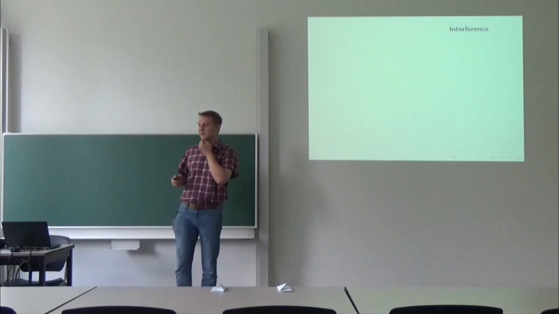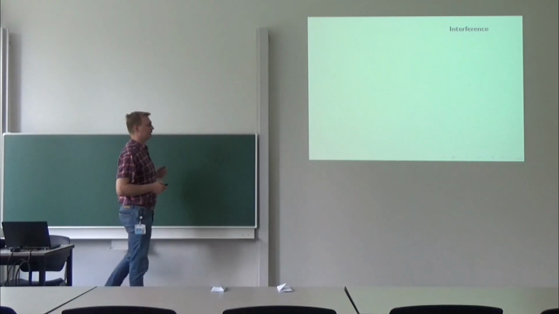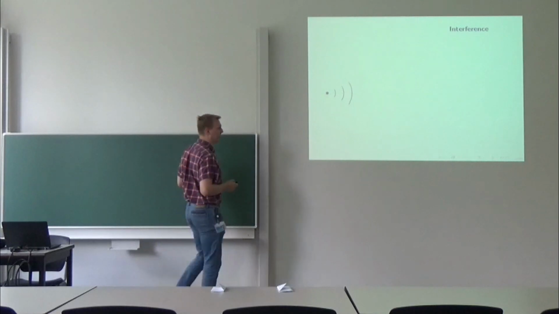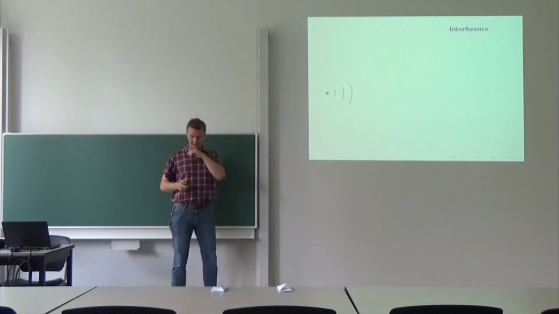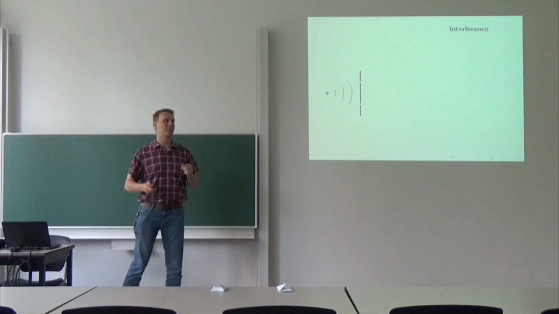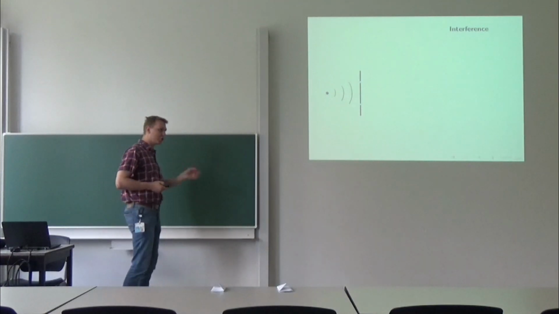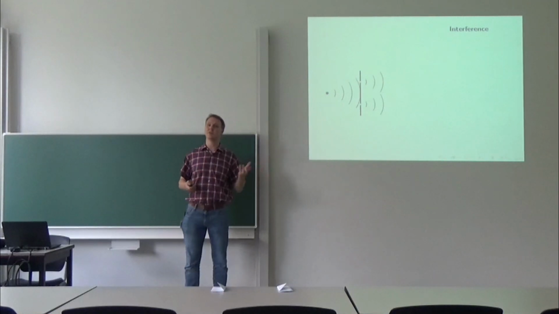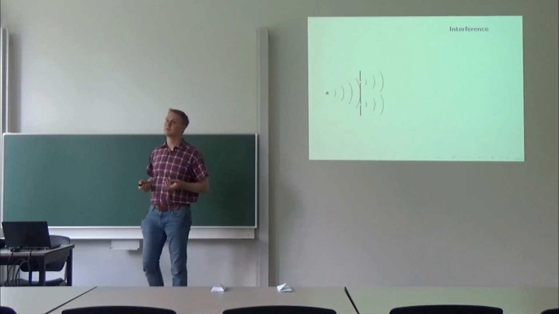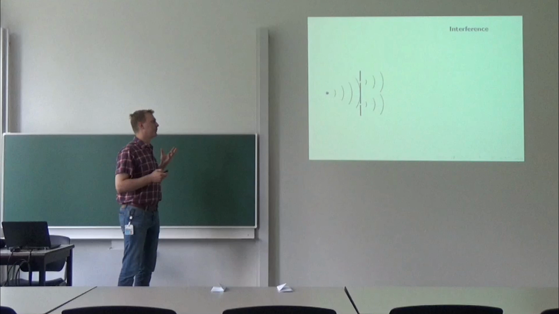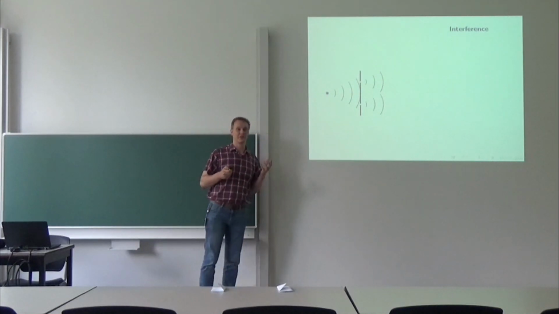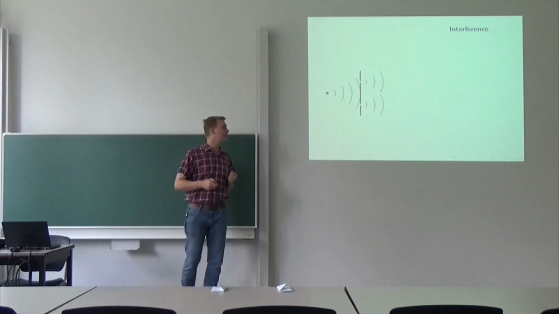So let me say a little bit more about this phenomenon of interference, right? So we have a waveform generator which hits a wall, which has 2 perforations, and each of these holes in the wall become their own generators of waveforms.